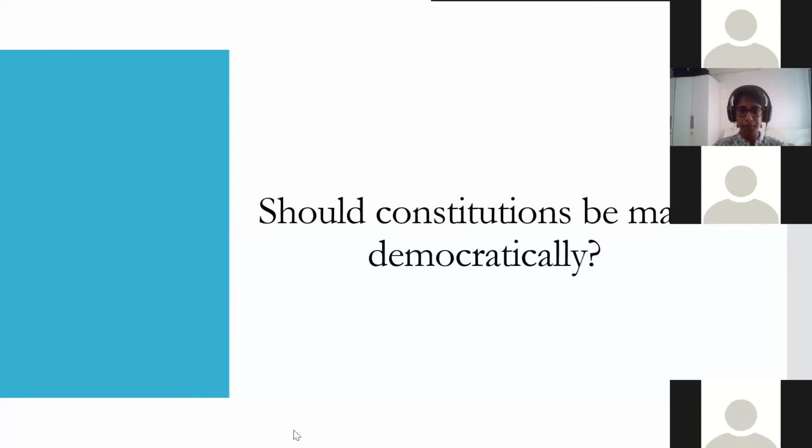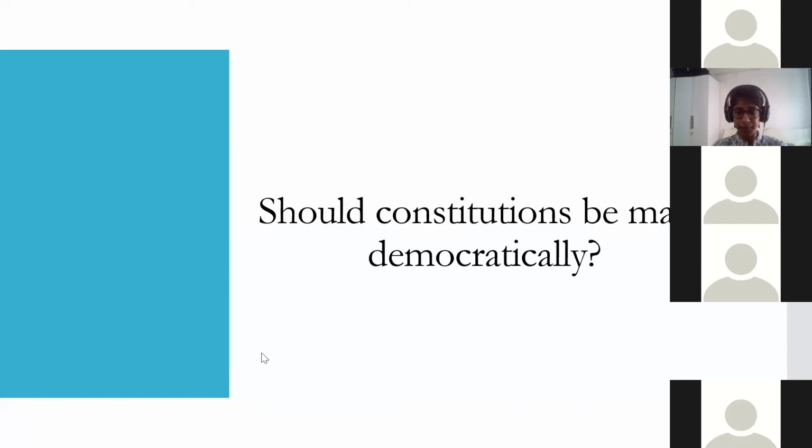Hi, my name is Mohammed. We should essentially ask, why should constitutions be made democratically? Why are we insisting on a democratic veneer for a constitution? The Government of India Act 1935 is a constitution. It was not exactly made by us, yet we retained a large part of the act in our constitution.